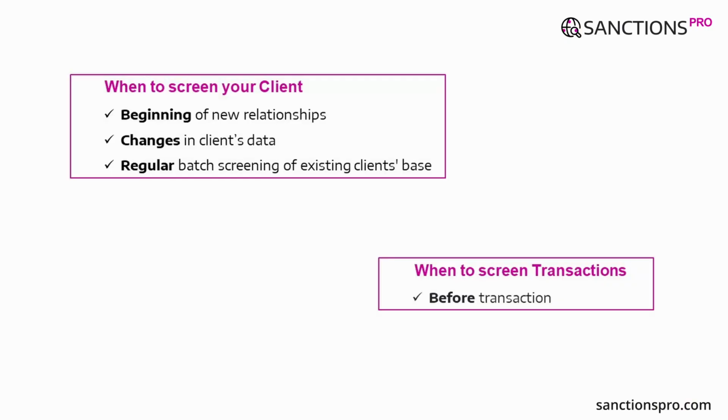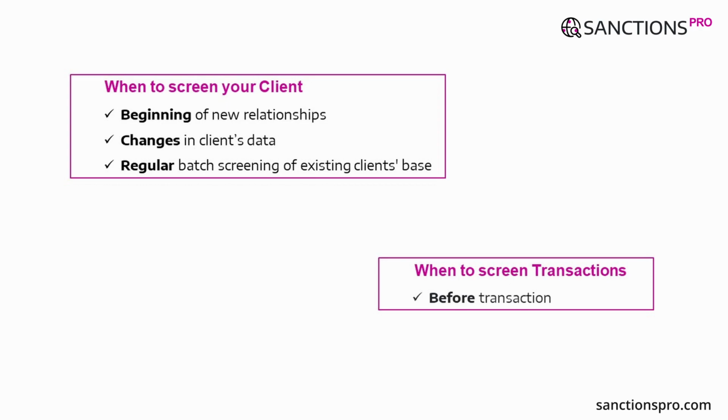When to screen? Once again, based on your risks, but you always have to screen at the beginning of a new relationship, before you adopt your new client. You also always screen when you change data about your customer: changes in directorships, changes in ownership.